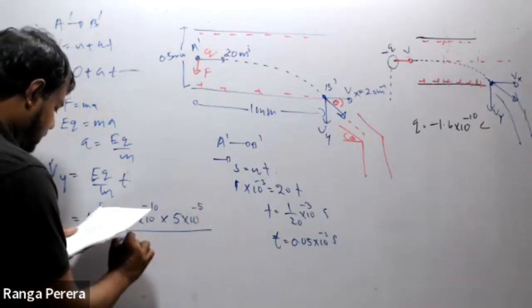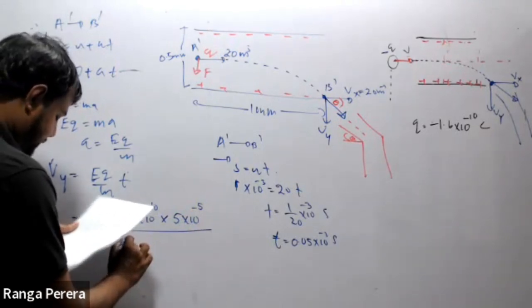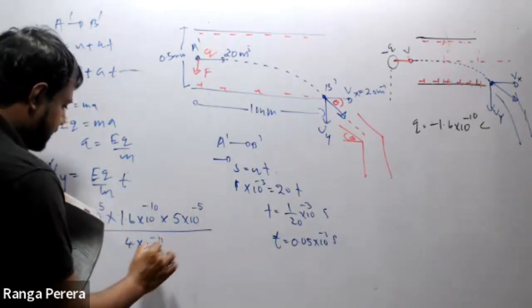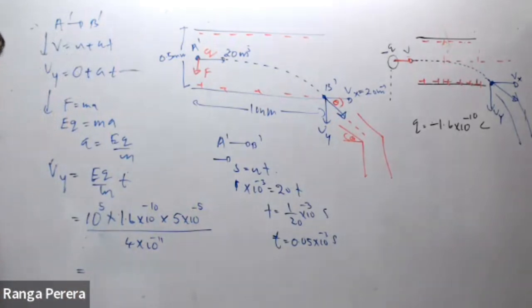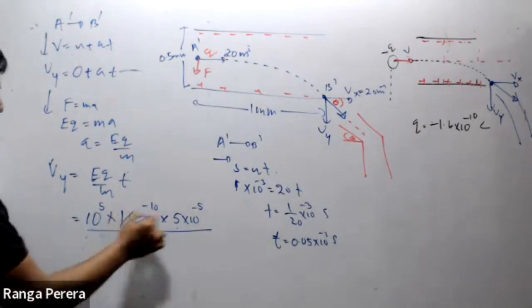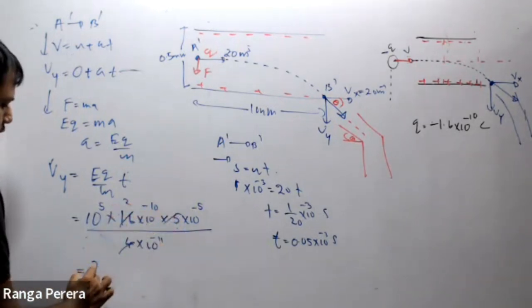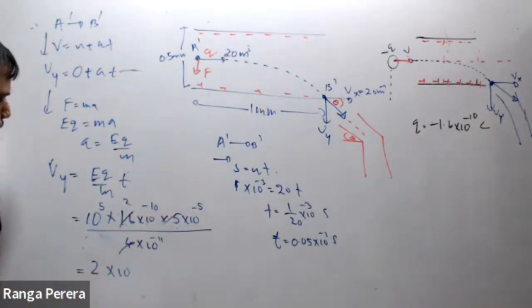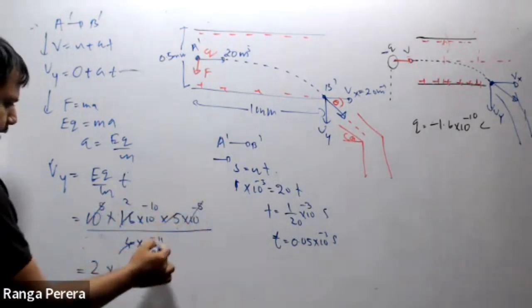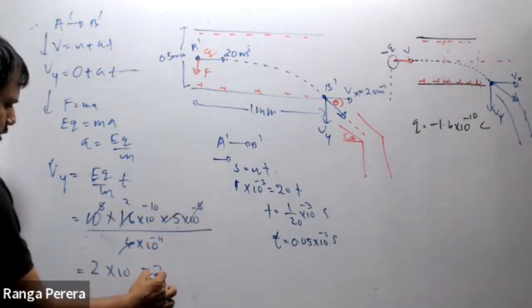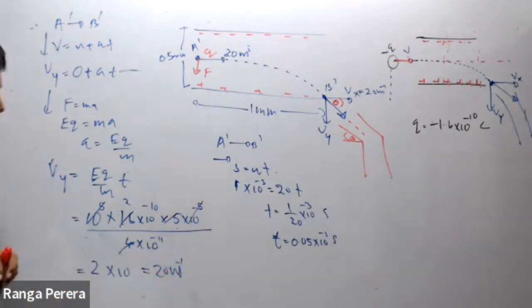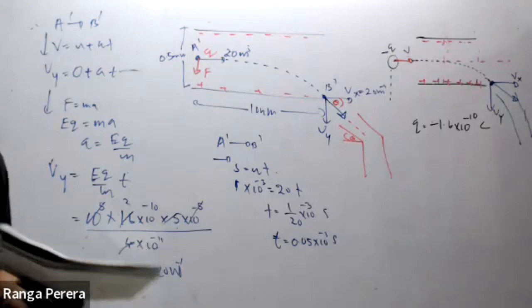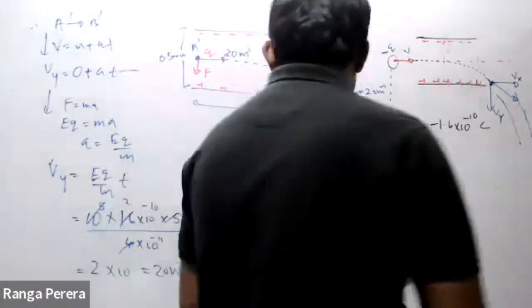Mass is also given as 4 into 10 to the power minus 11. 1.6 into 5 means 8, 8 over 4 means 2, 2 into 10 to the power, cancel, so 20 ms minus 1. Is that the answer? Was that the answer you got? Yes. Okay, good. A few students got the answer.